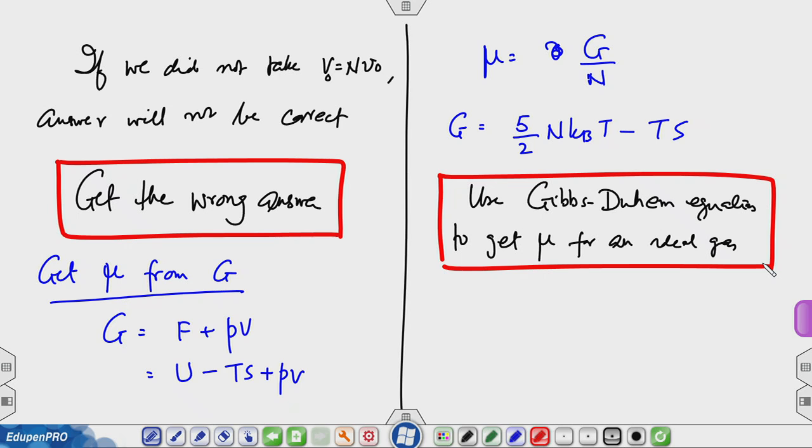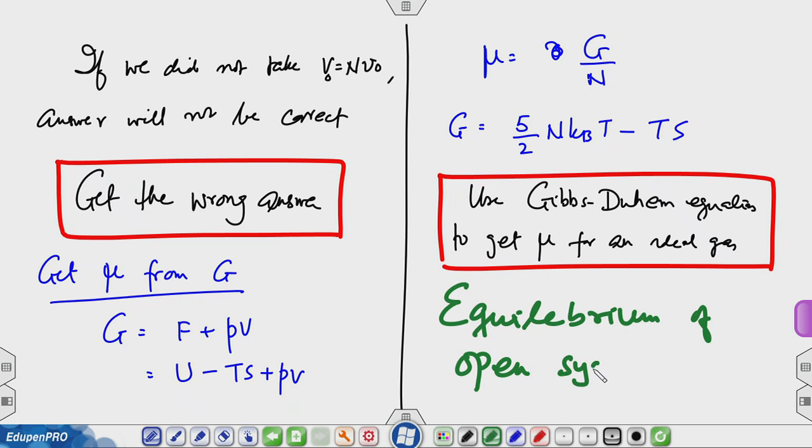So having done that, I finally want to talk about equilibrium of open systems.